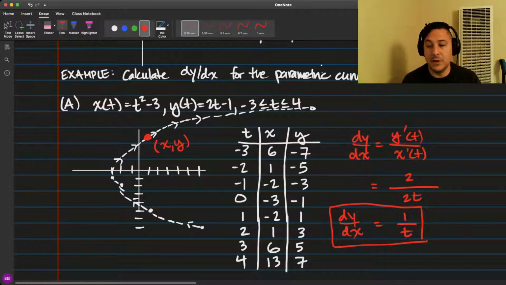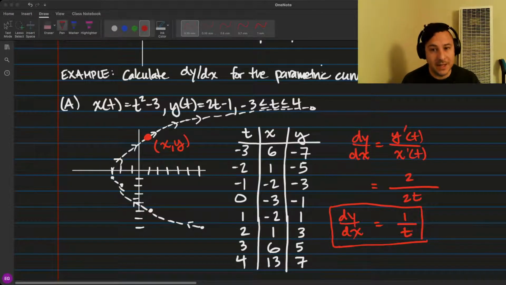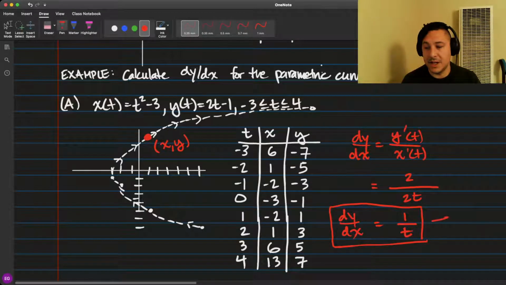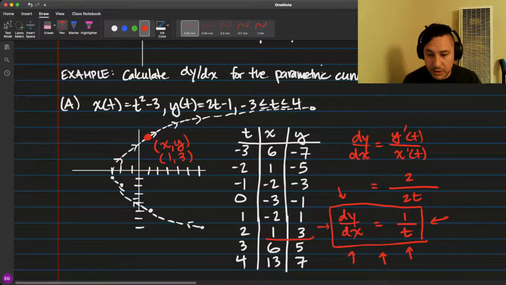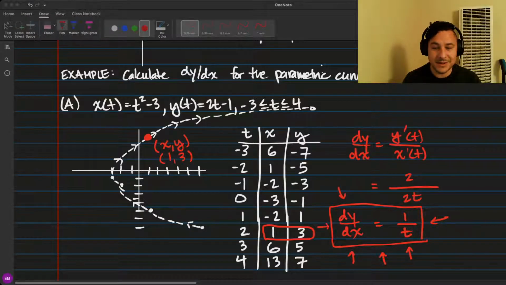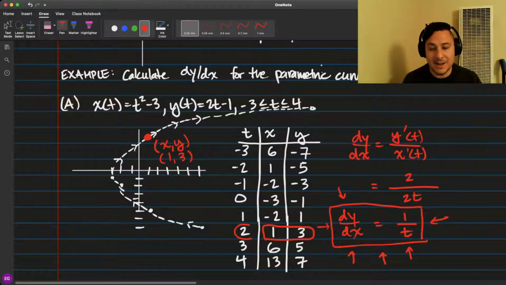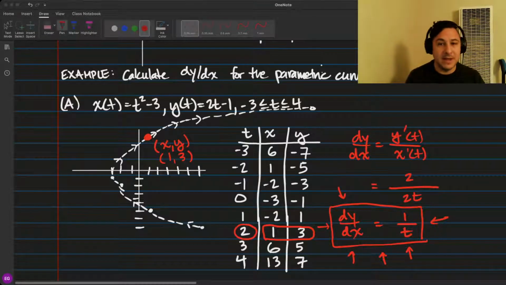Does this formula help you for figuring that out immediately, the dy dx? What is this formula actually in terms of? Right. So you would have to figure out, if this point right here is 1, 3, like I think Edith said, you wouldn't think about it as the point 1, 3. You would have to think about it in terms of what? Right, exactly. You'd have to figure out the associated parameterized value.